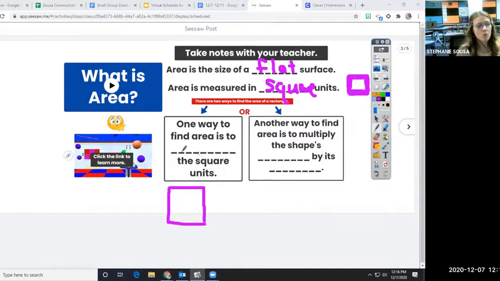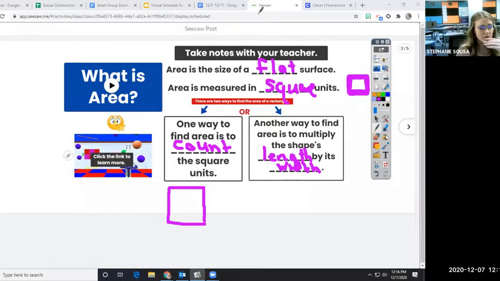One way to find area is to count the square units. You can count them to see how many will fit inside of a space. Another way to find area is to multiply the shape's length by its width.